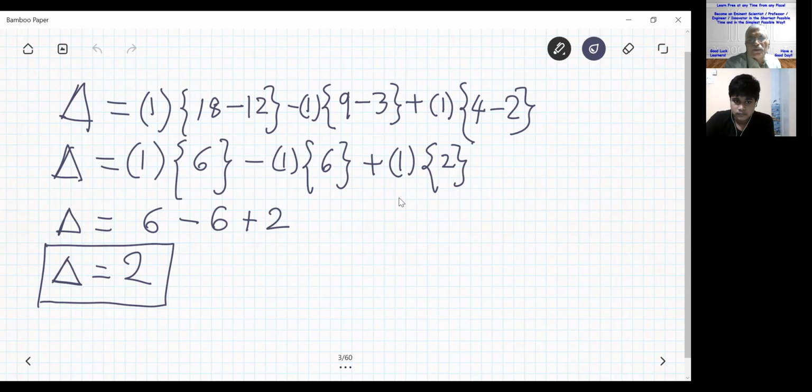So 1 into 18 minus 12 it will become. Then minus 1 into the second term, which becomes 9 minus 3. Then plus 1 into 4 minus 2.